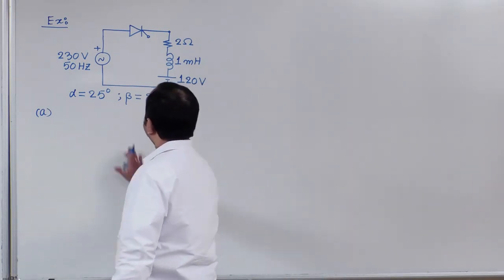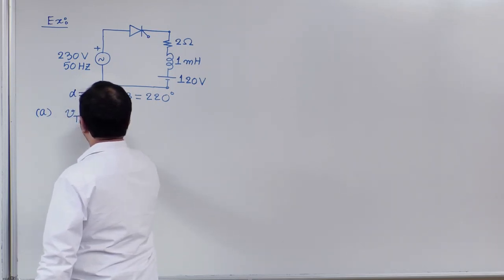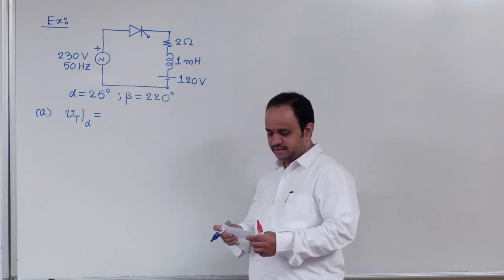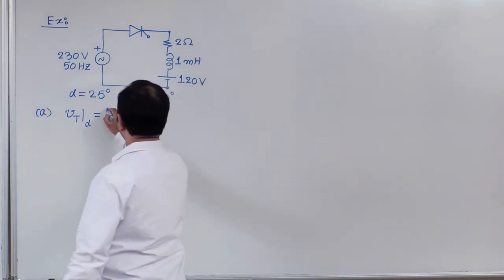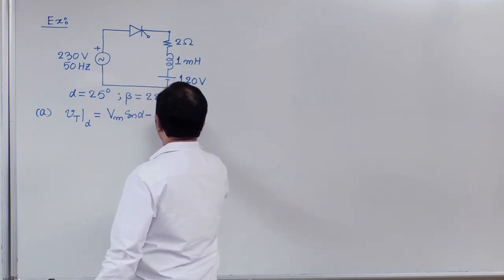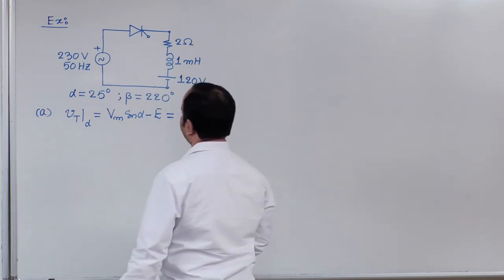Okay. So, what is the first question? Voltage across SCR at the instant of triggering. What is the expression for this? Vm sin alpha minus E. What is Vm here?